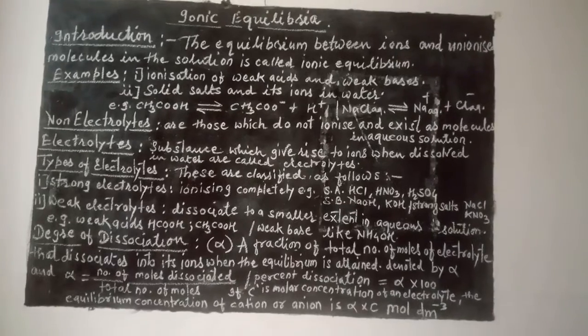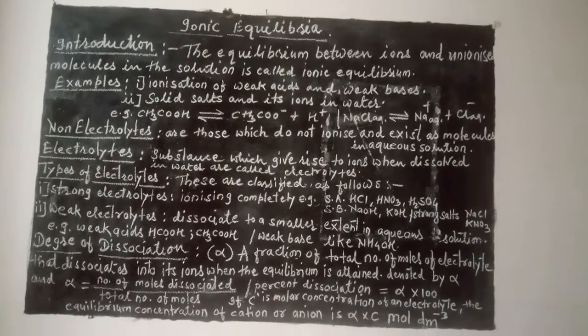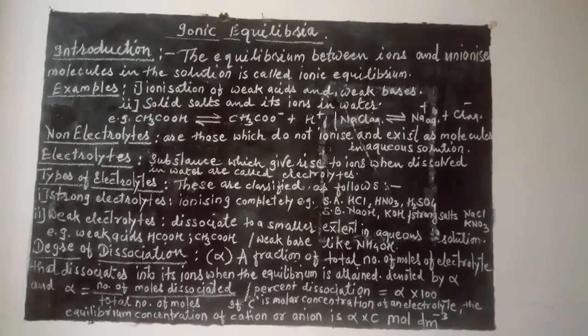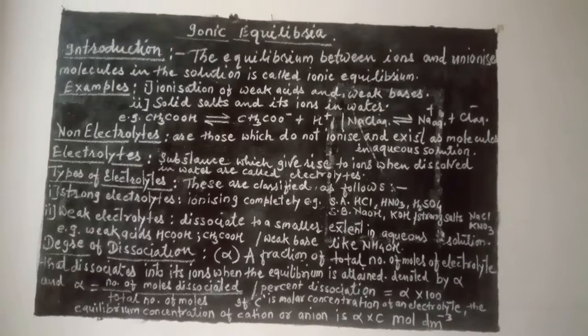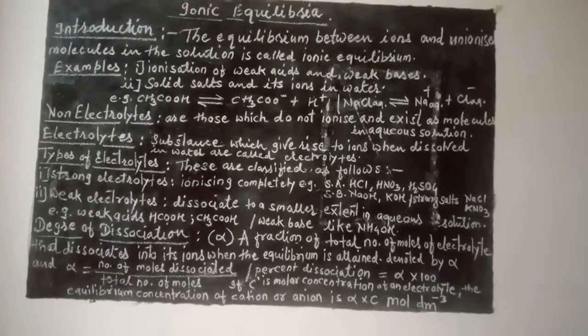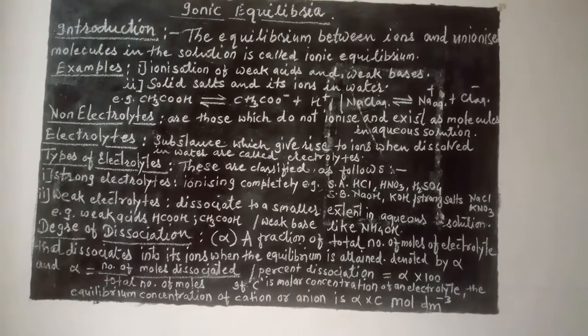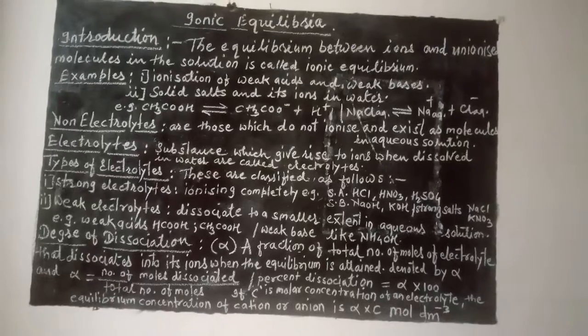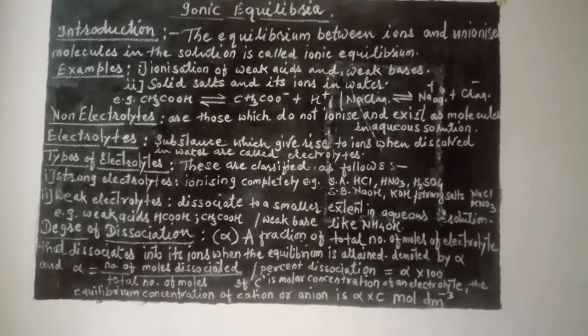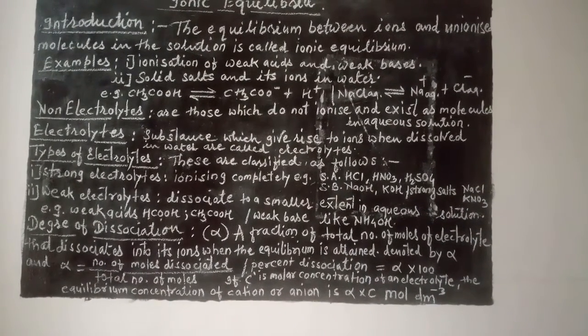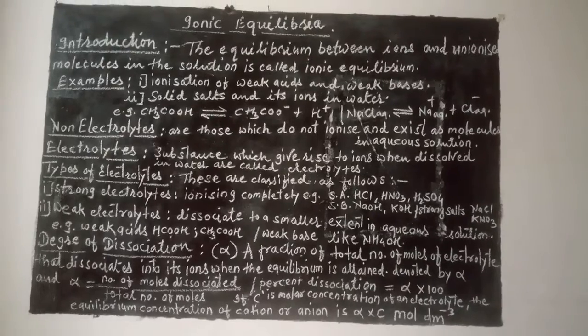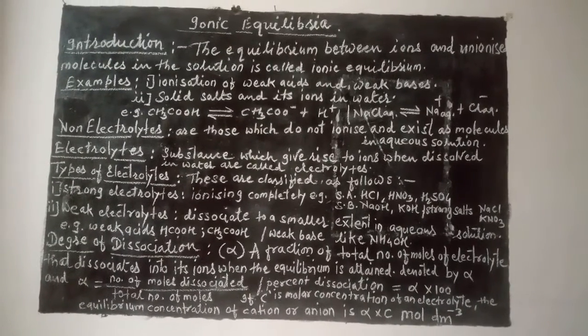Consider 1 ml of acetic acid and just imagine it contains arbitrarily 1000 acetic acid molecules dissolved in water. Now only 200 molecules of acetic acid get dissociated into ions.